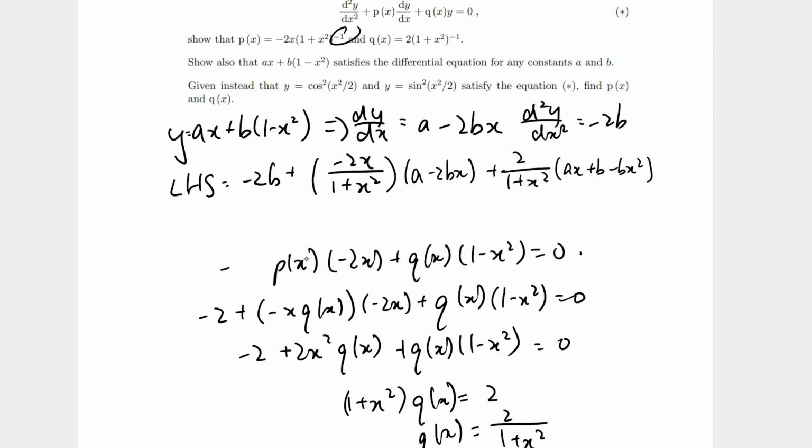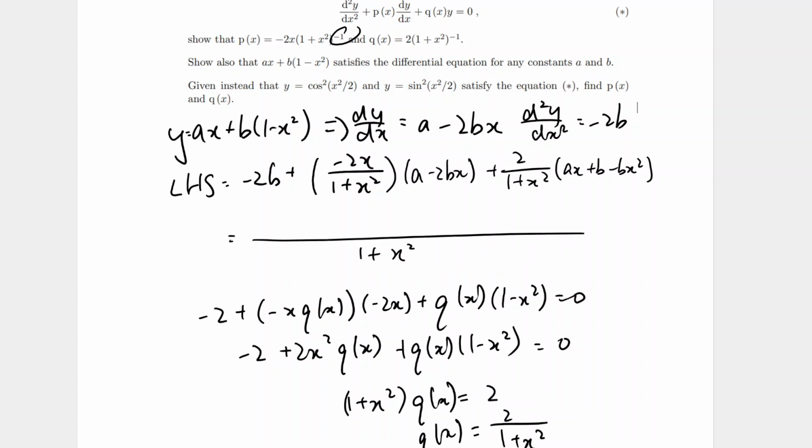Well, it might be sensible to put it over a common denominator, right? Let's put it over 1 plus x squared, shall we? So I have got minus 2b minus 2bx squared. And what next I've got here? Now I put the minus into there, so I get 4bx squared minus 2ax, I suppose. And I've got plus 2ax plus 2b minus 2bx squared.